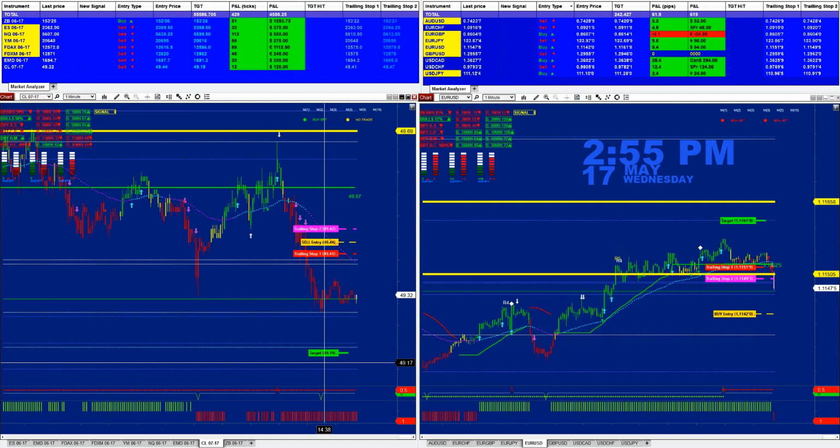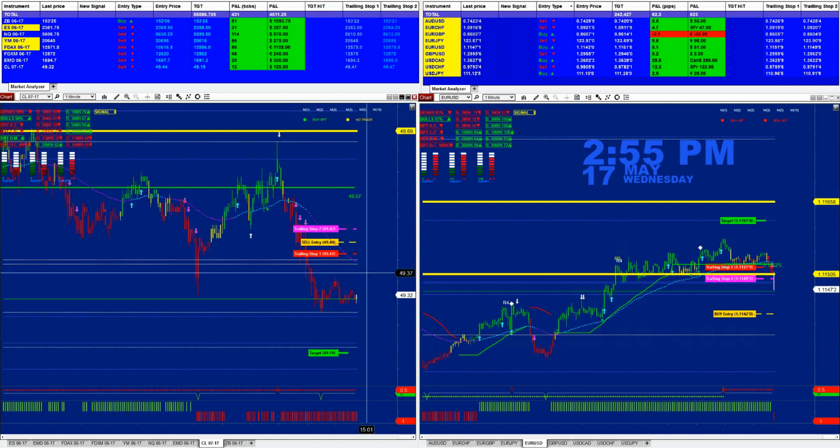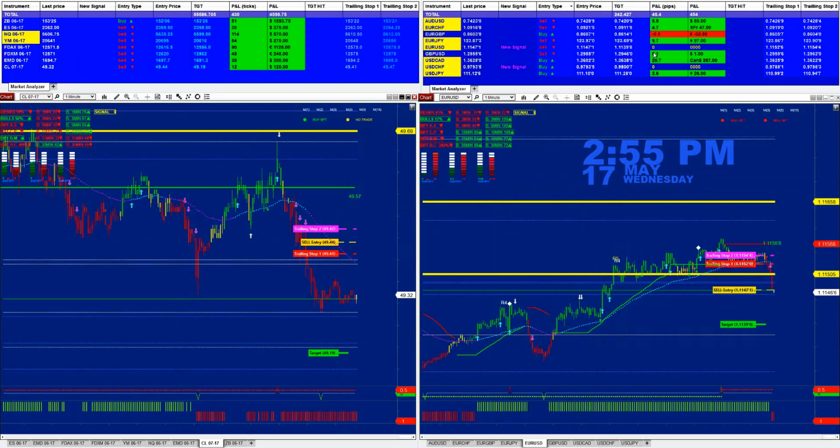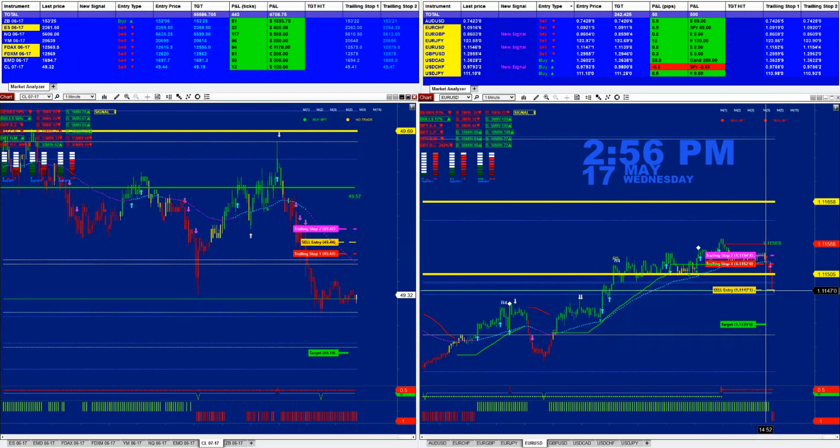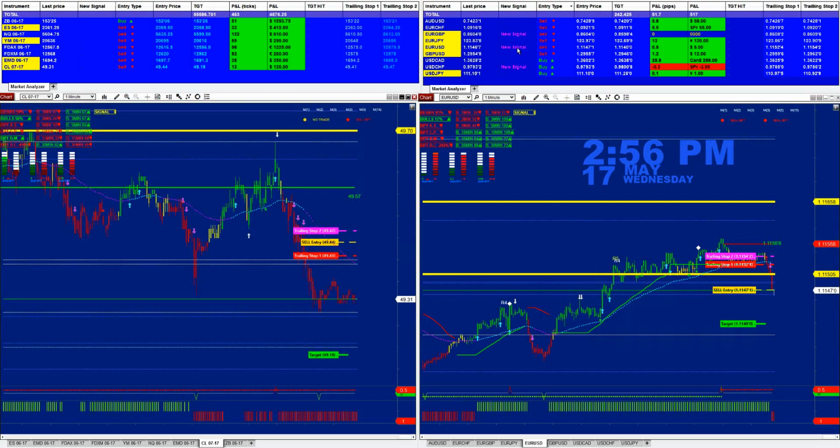Also, we had beautiful runs today on the Forex, but now look, we got a new entry on the euro dollar, and if you notice, the system tells you there is a new signal. Look how the market changed immediately. It is really that the market from yesterday until today is extremely fast.